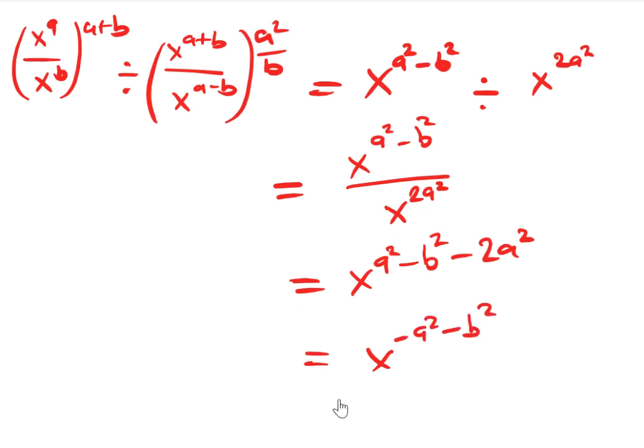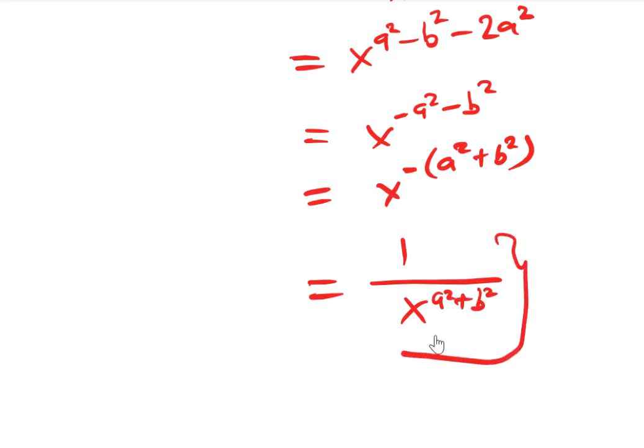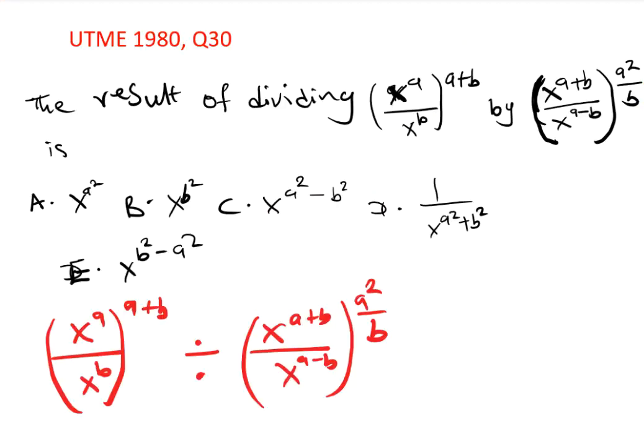Then we can factor out the negative sign, and I have x raised to power minus, in bracket, a squared plus b squared. Then our final answer will be 1 divided by x raised to power a squared plus b squared. Going back to our options, we can see that option D is the right answer.